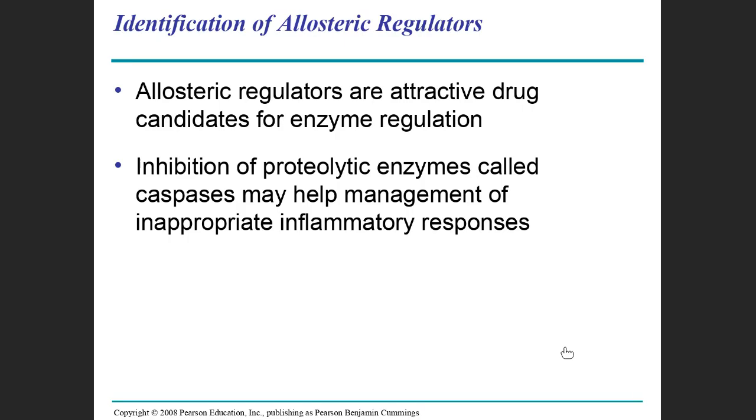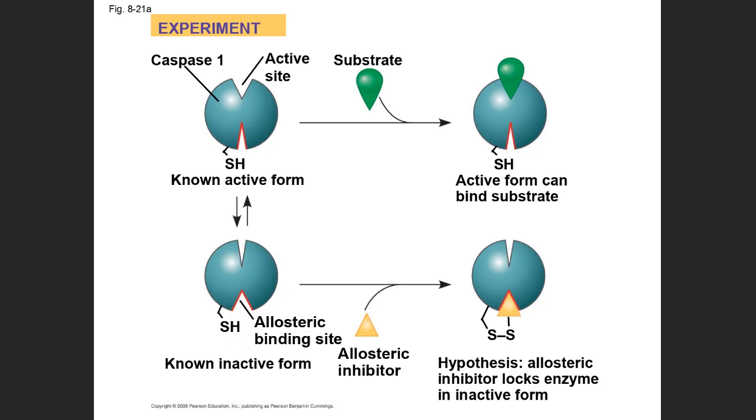But sometimes inflammation is inappropriate or it's excessive, and you don't want that to happen. And so the caspases help to manage your inflammatory response. Caspases exist in both an active form and an inactive form.